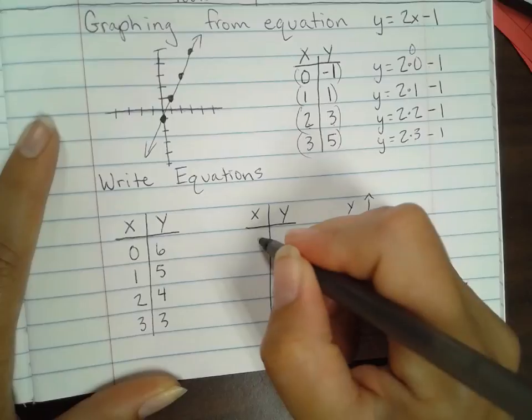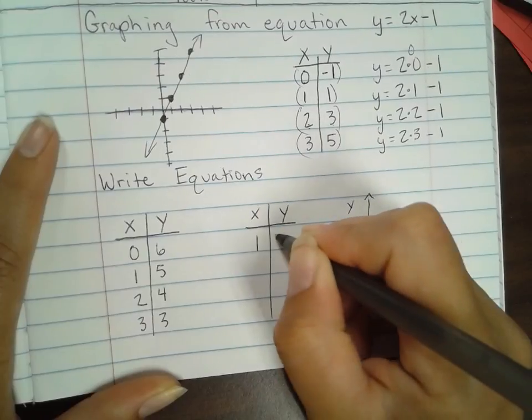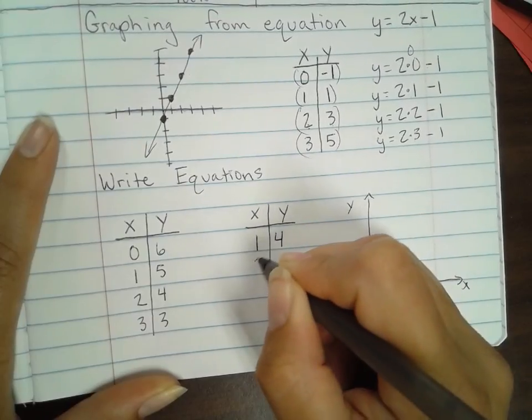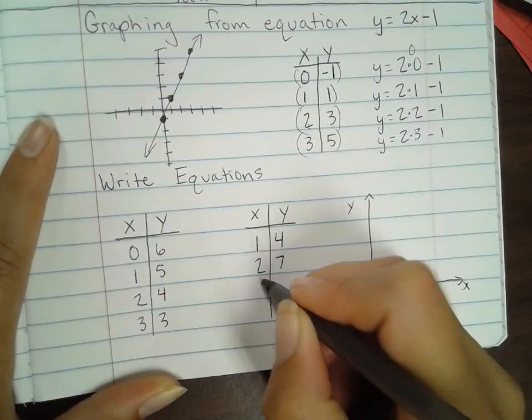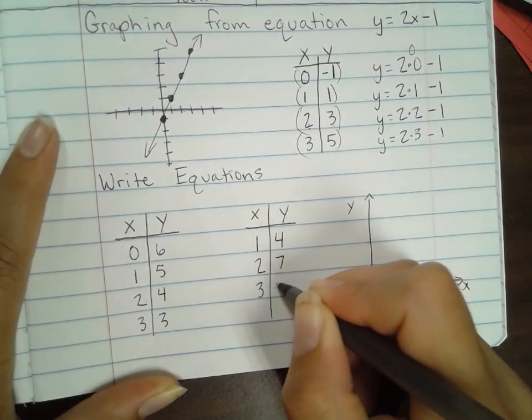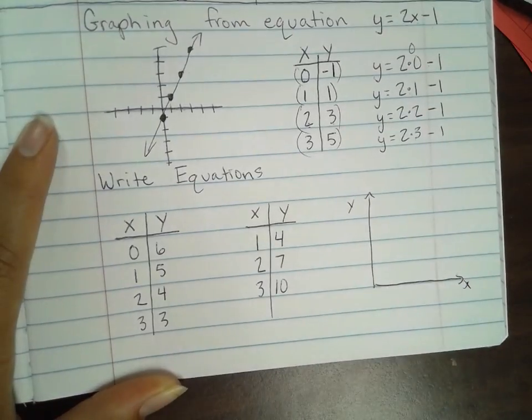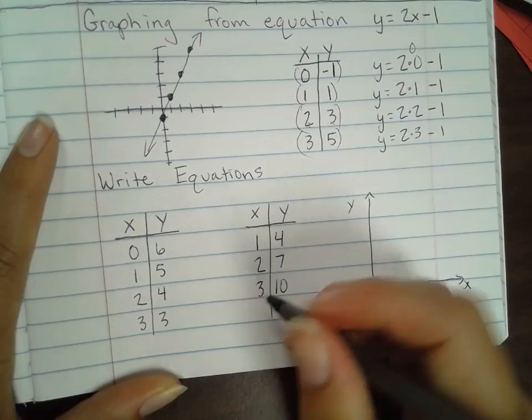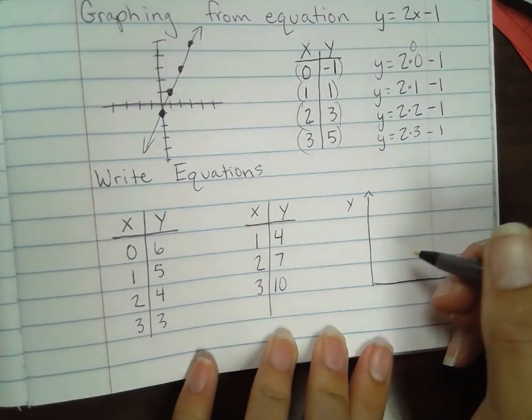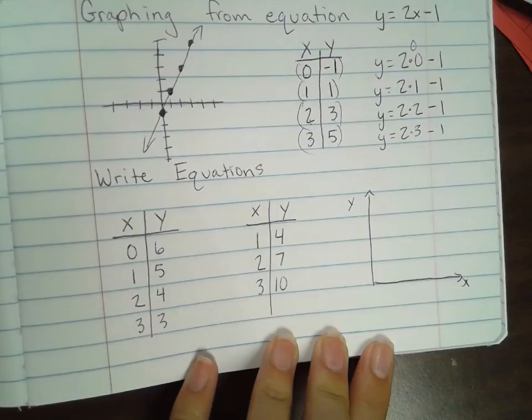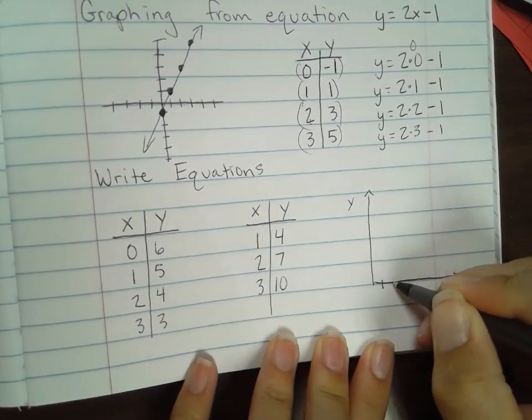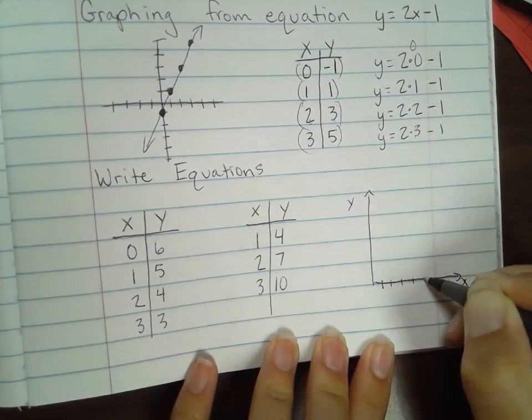The second table: 1, 4; 2, 7; 3, 10. Okay, on this graph, you're going to number by ones.